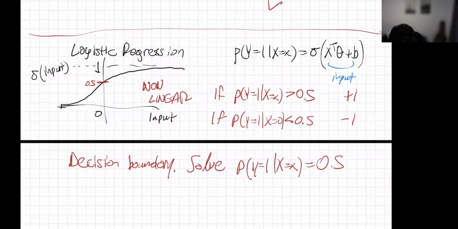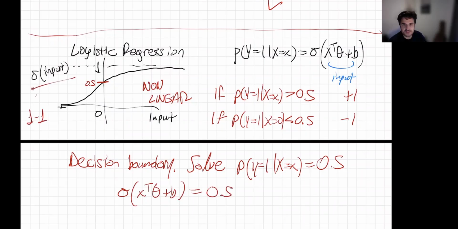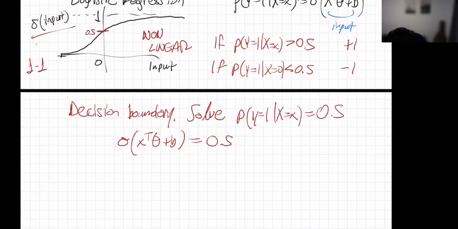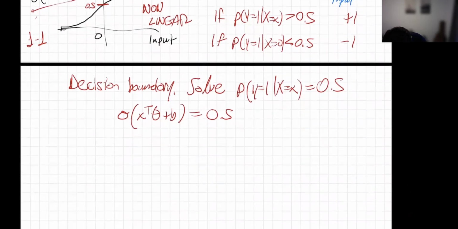So then you will say that sigma of x transpose theta plus b equals 0.5. Here's a fun fact about sigma. It's a one-to-one function. It's invertible. Sigma is invertible. So I can actually denote its inverse like this. I can always do this, meaning that this is the inverse of the function.